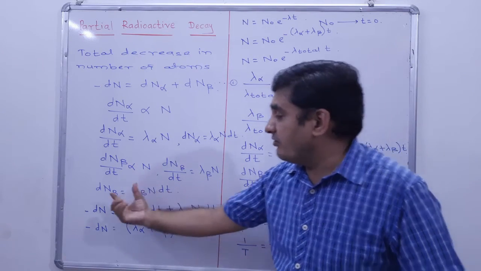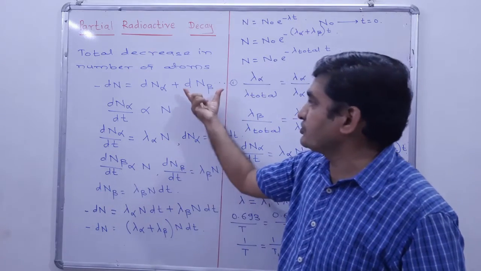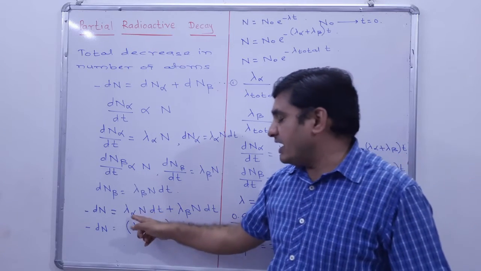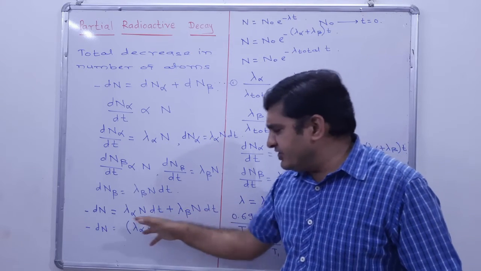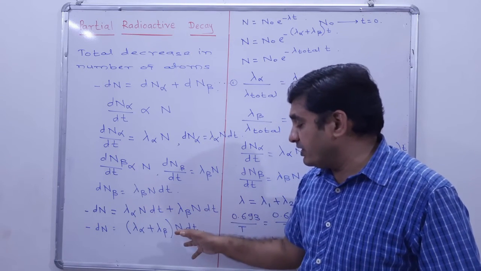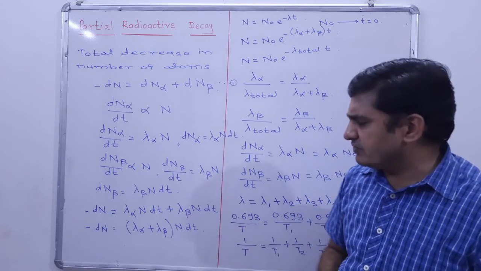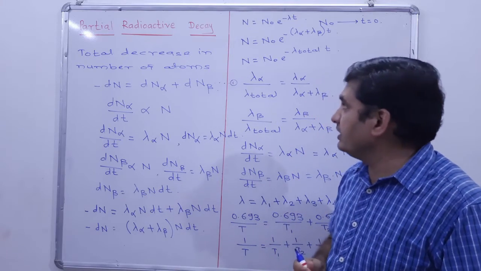Putting these values of dN beta and dN alpha in equation number 1, we get minus dN is equal to lambda alpha N dt plus lambda beta N dt. From this we can take N dt common, and therefore minus dN is equal to (lambda alpha plus lambda beta) into N into dt.